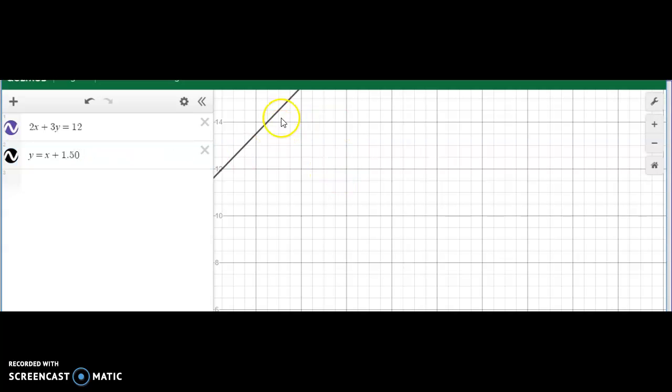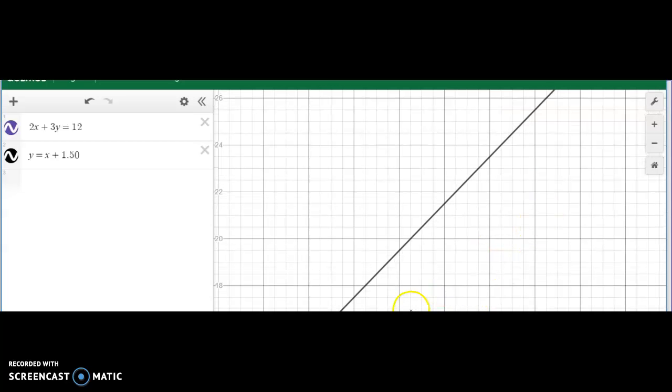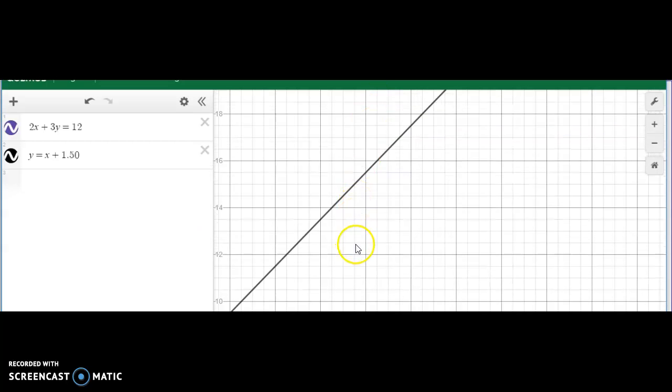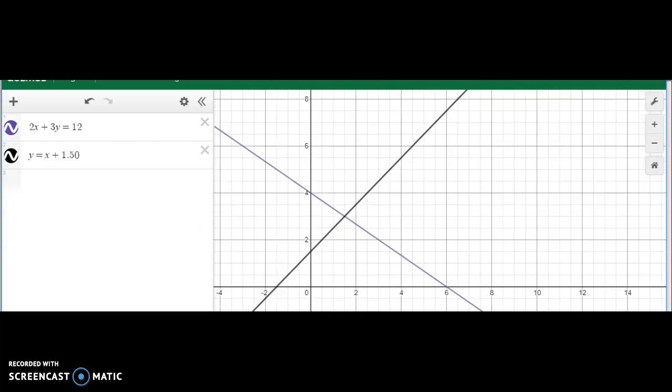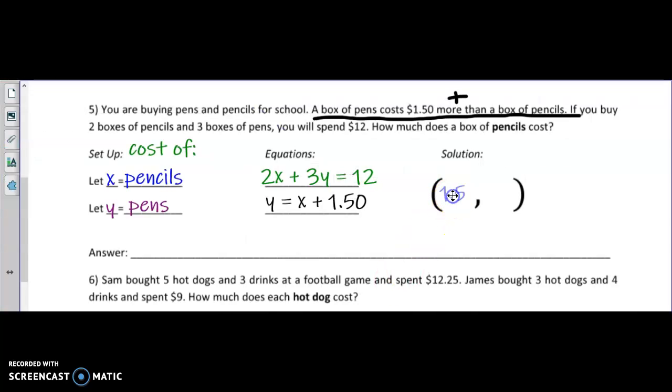Again, when I type that, I can only see kind of part of one line. So remember, scroll around, try to find your 2 lines. And I'm actually going to scroll down a little bit. And when I scroll around, I find where the 2 lines intersect. Click it, a point comes up, click that point. That tells me my solution, 1.53. So I go back. My solution is 1.53.